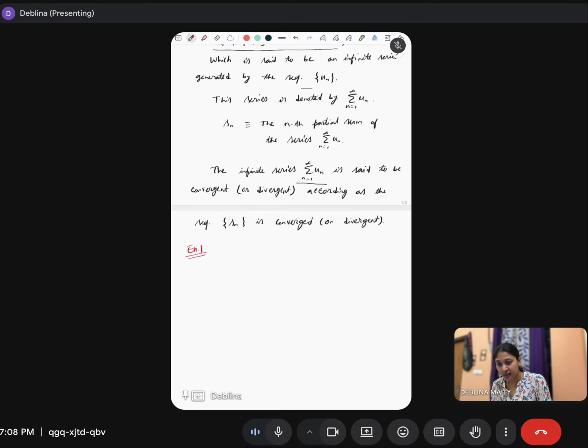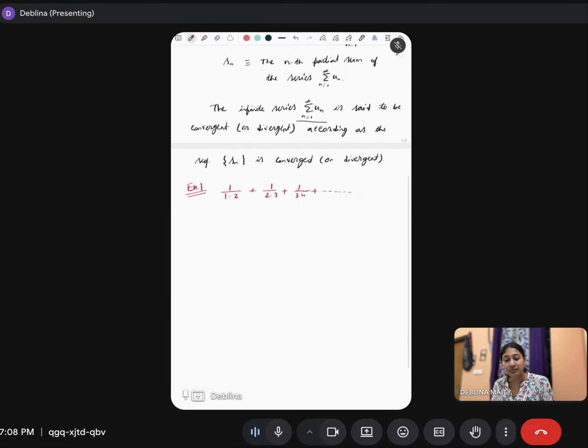The first one is this series: 1 by 1 into 2, plus 1 by 2 into 3, plus 1 by 3 into 4, and so on, right? You have to check if this series is convergent or divergent.